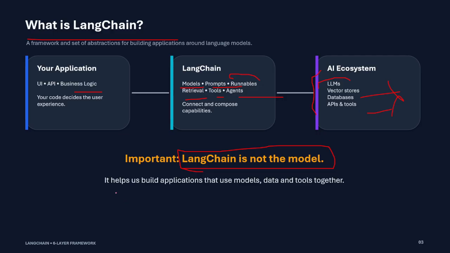LangChain is not a model, but it helps the application connect with those models, and based on that it can give the proper response, right? So this is the important point.